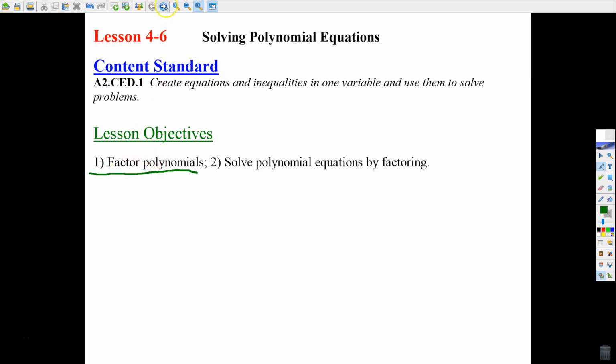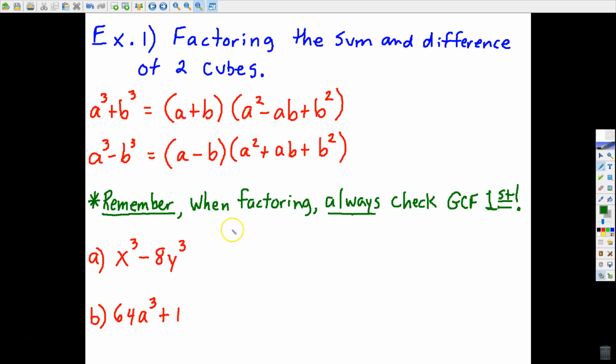So let me give you some examples of what you're going to be doing on this assignment tonight. For the first example I have, this is what we call factoring either the sum or the difference of two perfect cubes. And what I mean by two cubes, it's two terms that are being added or subtracted, and the thing about each of the terms is that they have perfect cube roots.